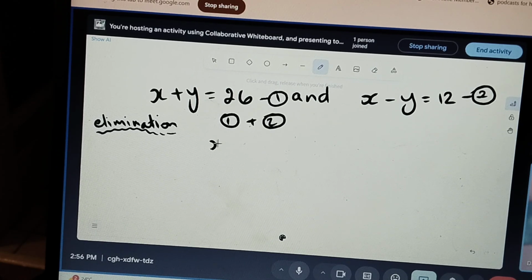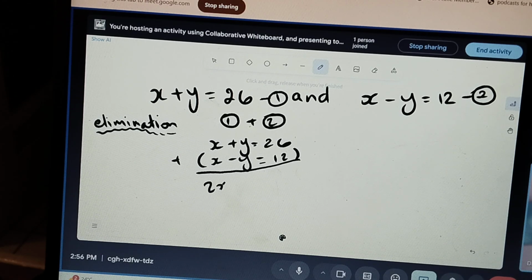So I'm going to take the x plus y equals 26, my equation 1, plus x minus y equals 12. And I'm adding them, right? So x plus x is 2x. Happy with that? Plus y plus minus y is the same as y minus y, which cancels the y's out.